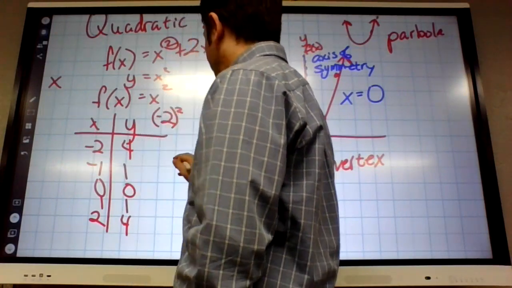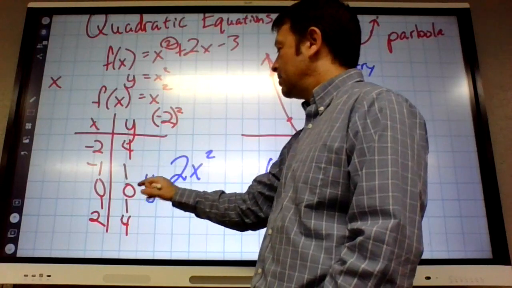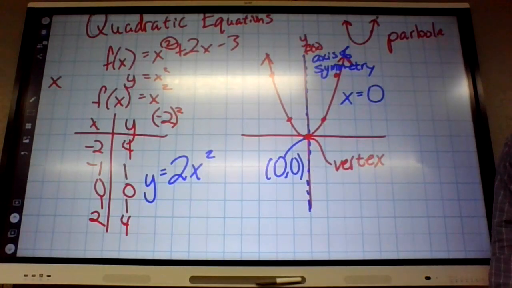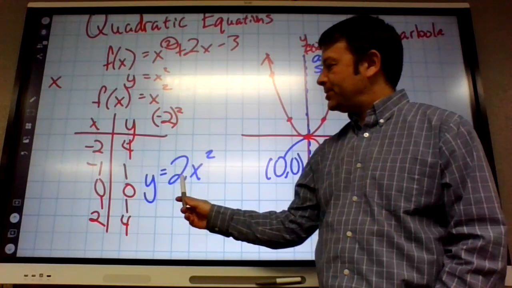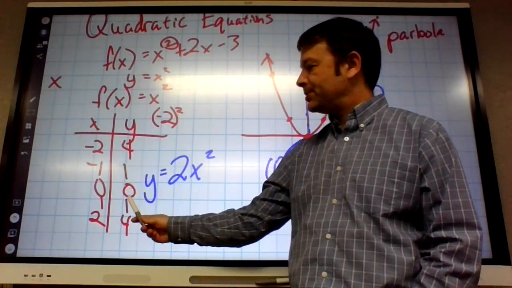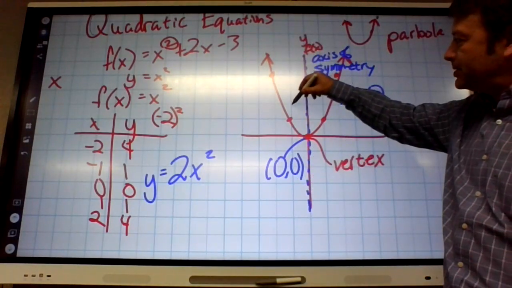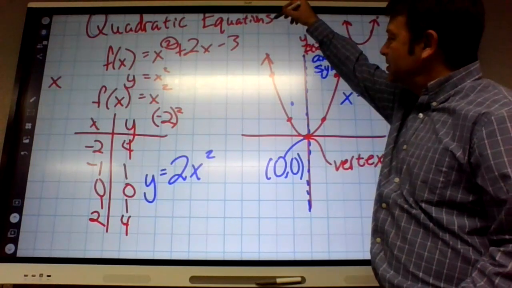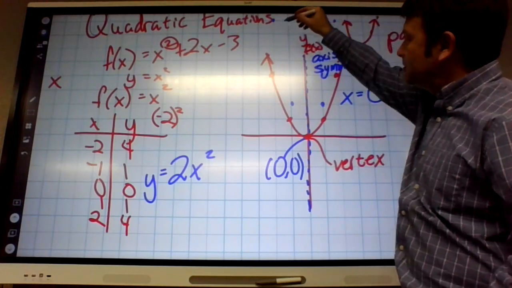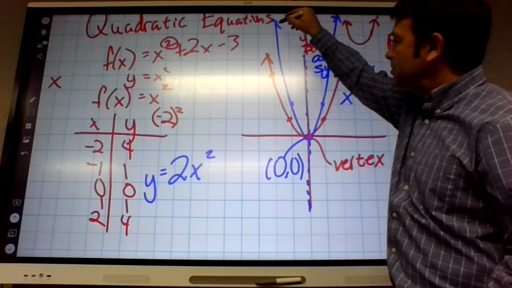What do you think would happen to the graph if I put a 2 in front of the x squared? If you put a 2 in there, all these values would be doubled, times 2, times 2. So when you multiply by 2, everything goes up twice as fast, so it's really steep.